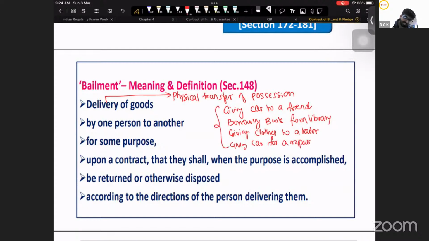In all these cases, once you give the goods to the other person, he is not going to become the owner of the goods.